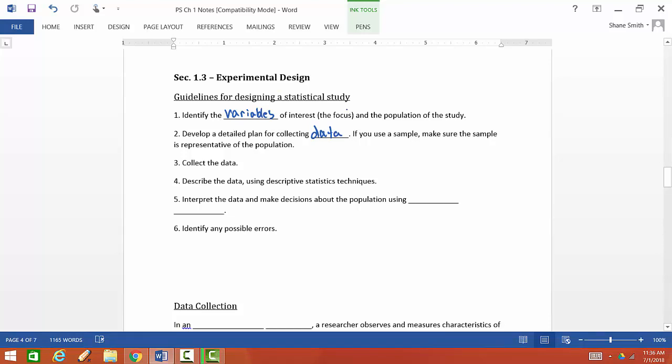After we do that, we collect the data. We describe the data using descriptive statistics techniques. And then we interpret the data and make decisions about the population using inferential statistics. And after we're done with that, we identify possible errors.